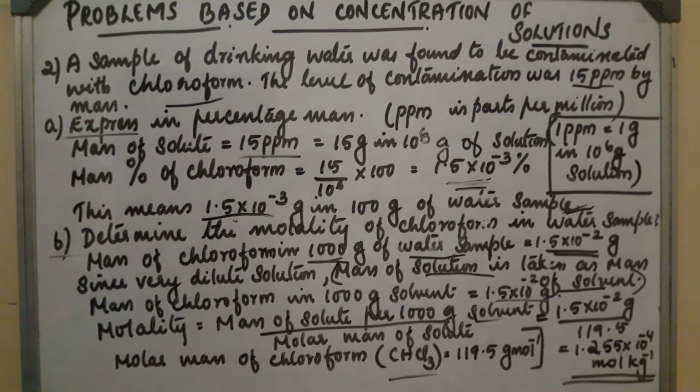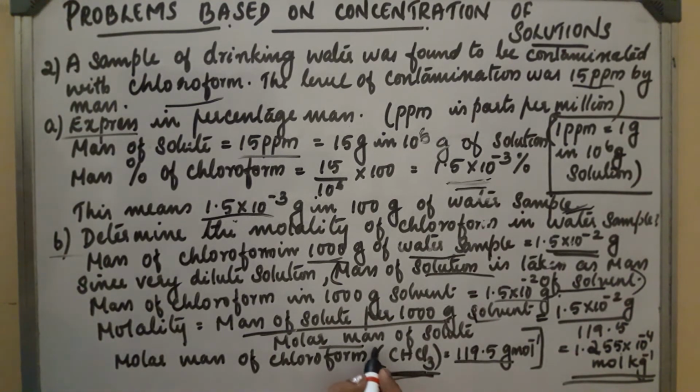Molality means the number of moles of the solute per 1000 gram of the solvent. The number of moles is the mass of the solute divided by the molar mass. Here CHCl3 is the molecular formula of chloroform, and from this we get the molar mass as 119.5 gram mole inverse.